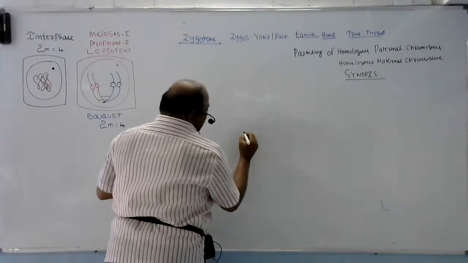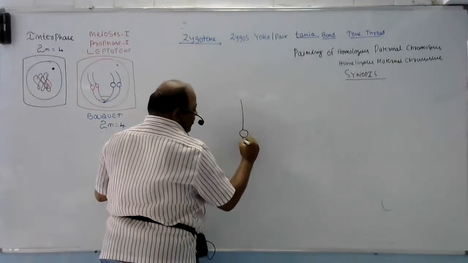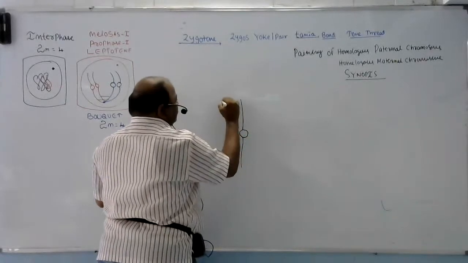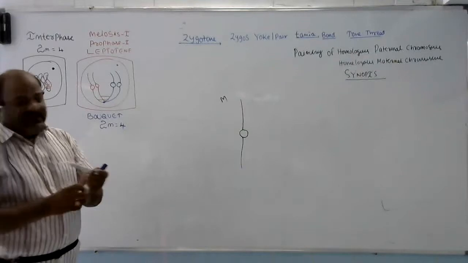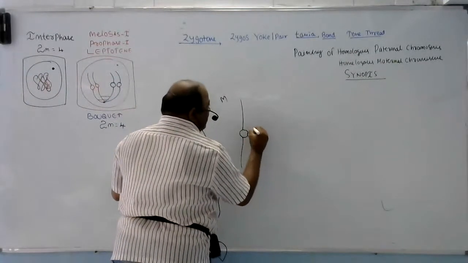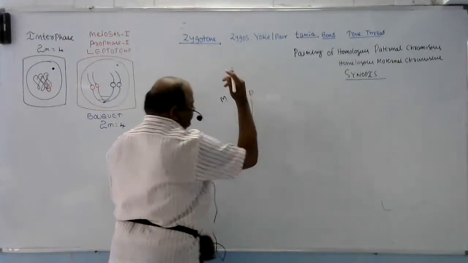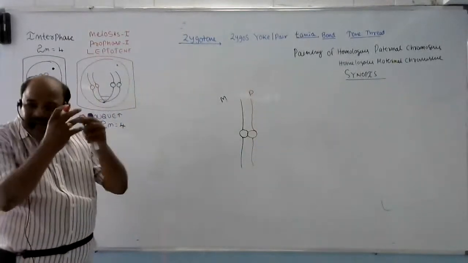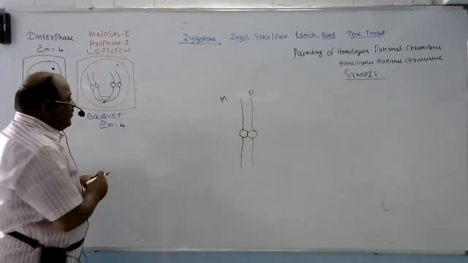Look here. This is the homologous maternal chromosome. Just beside that one, who will come? The paternal chromosome. That pairing process is called synapsis.